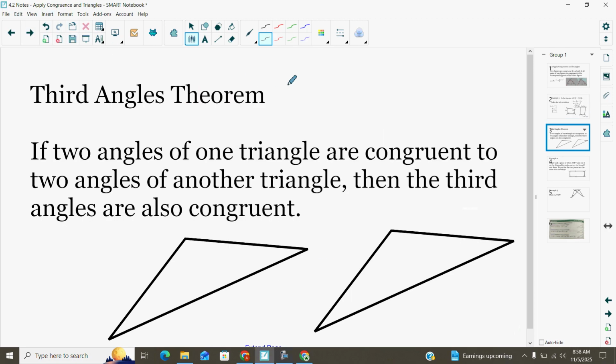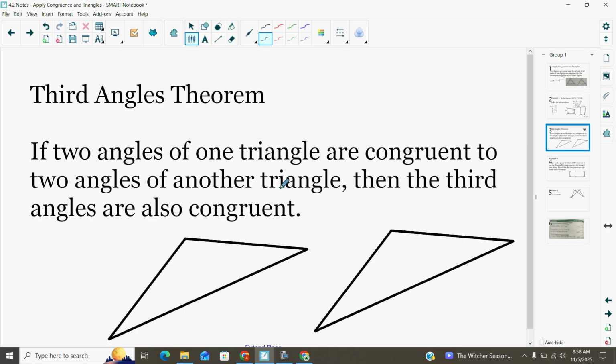The third angles theorem says if two angles of one triangle are congruent to two angles of another triangle, then the third angles must also be congruent.